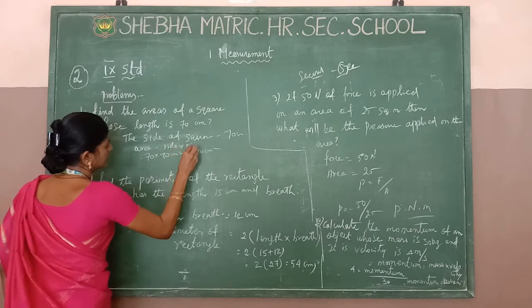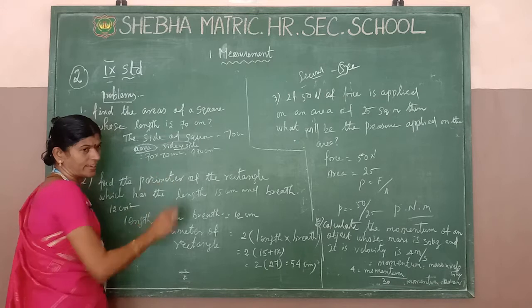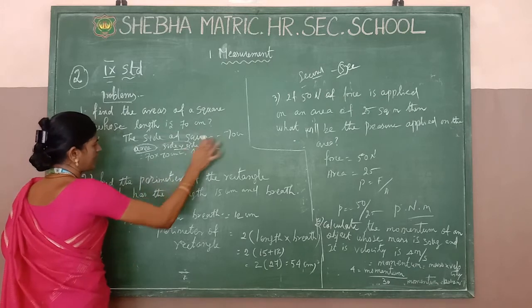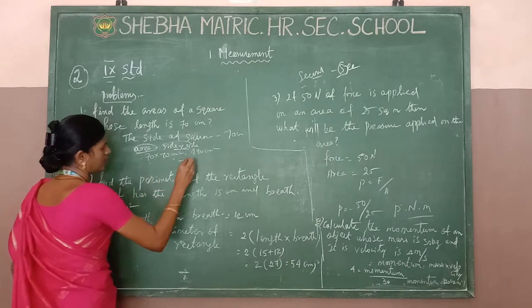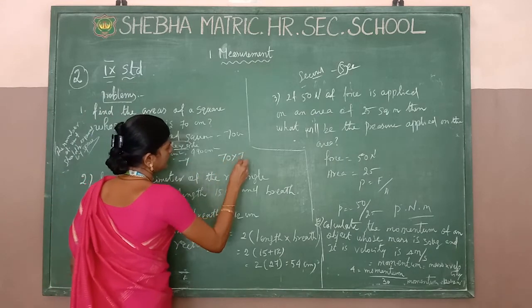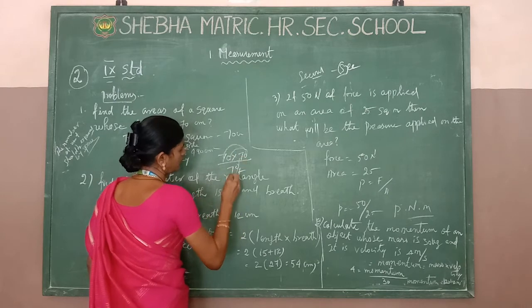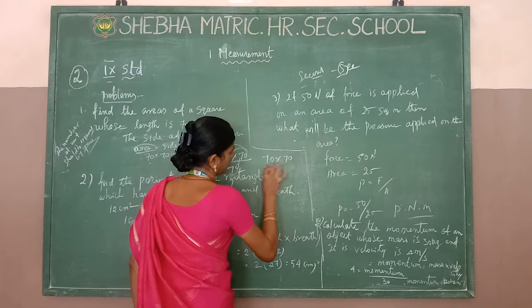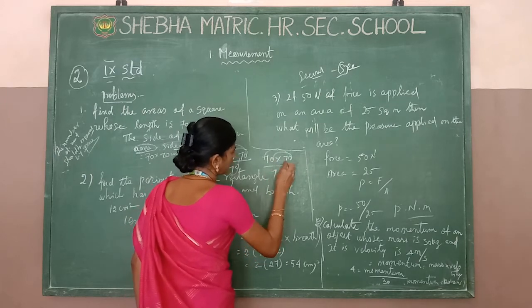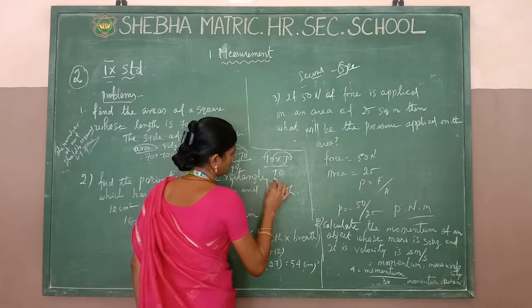Side into side. This is the area formula, side into side. So 70 into 70 centimeter squared. 70 into 70, 0 sevens are 0, and then 7 sevens are 49.